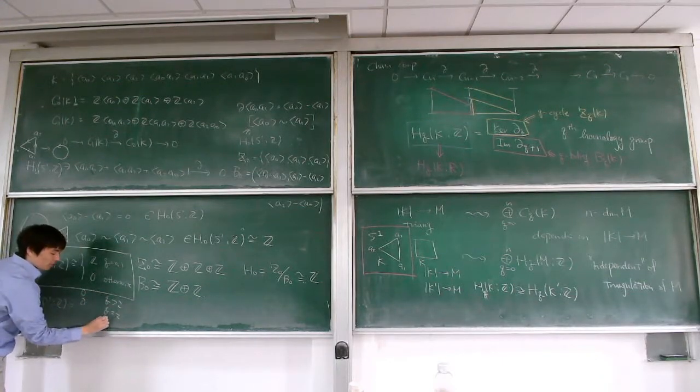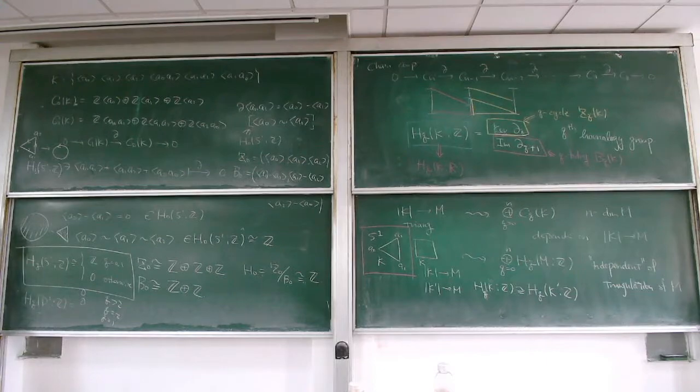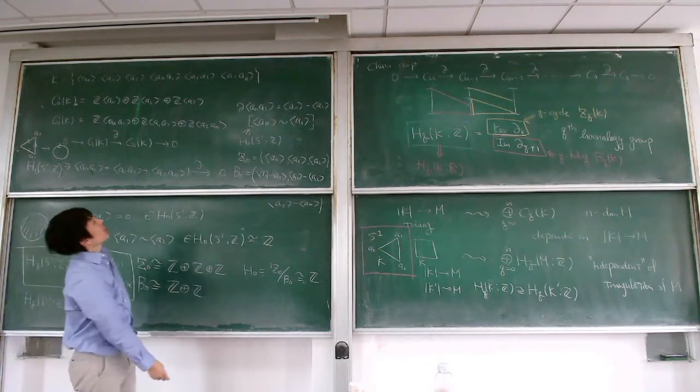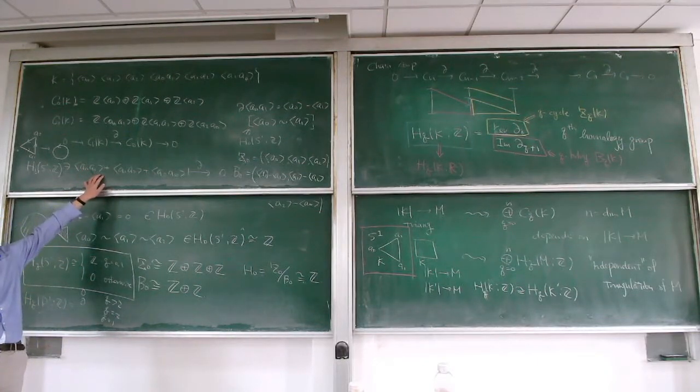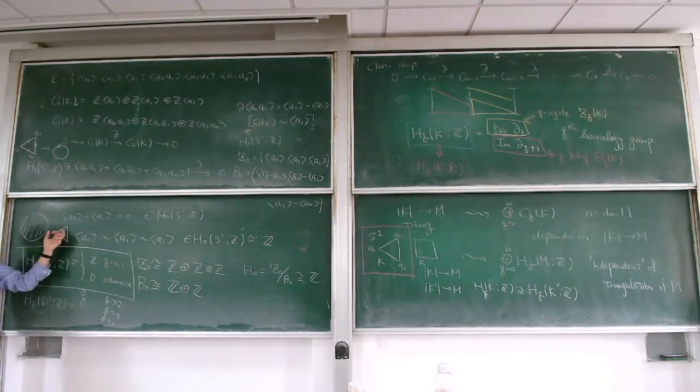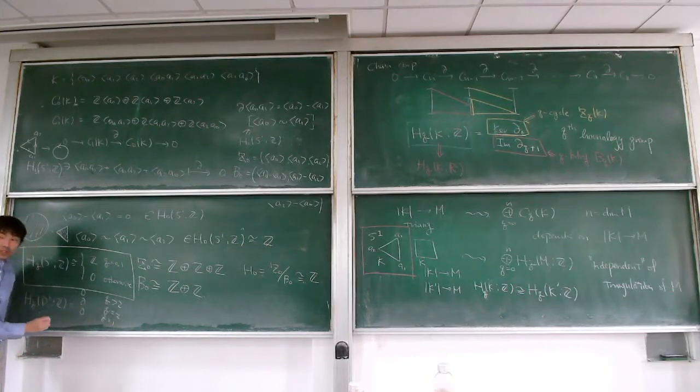What is q equal to 1? Q equal to 1 situation is similar to upstairs. We know that this one is, what was it? This one is a one cycle, okay? One cycle, but it's a boundary of two chains. Do you understand? So therefore, it's a trivial element as a homology.